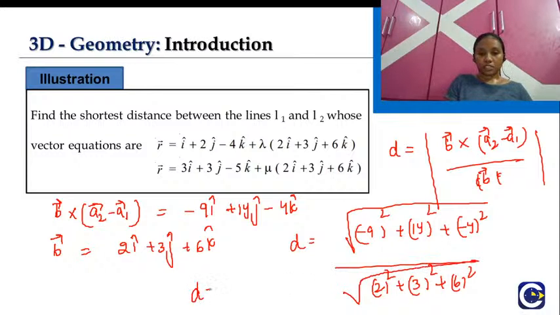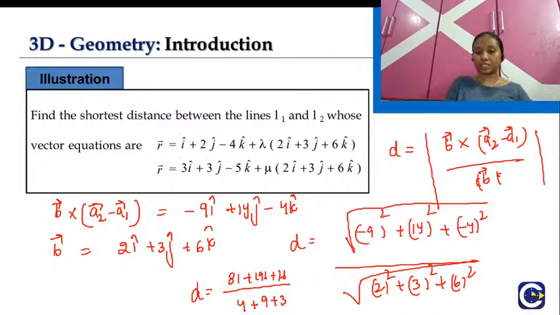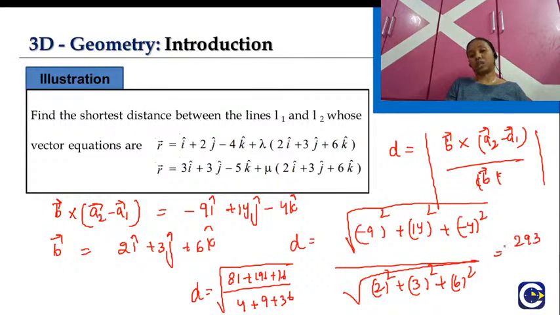So what will be my denominator? Here it will be 9 square, 4 square and 14 square: 81 plus 196 plus 16 by 4 plus 9 plus 36, under whole root. If we sum it up, we end up having in the numerator 293 under root, and the denominator 49.